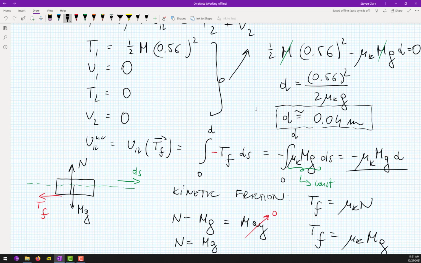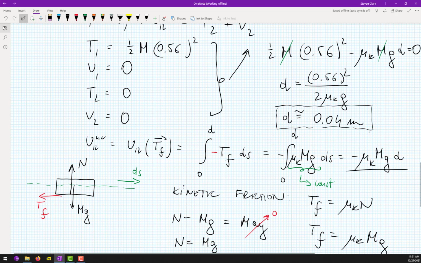Ta-da! The end of the problem. Any questions? Yeah, that part B was just to refresh your memory on the work energy method. I don't see any questions.